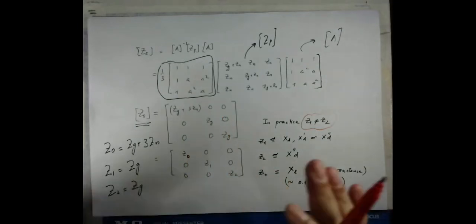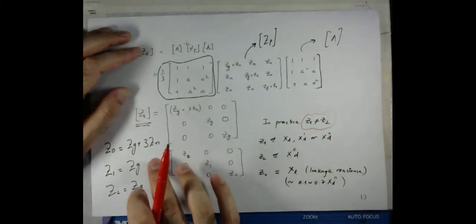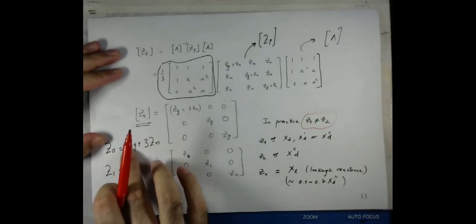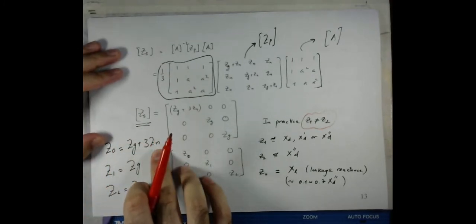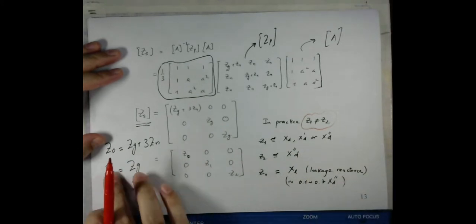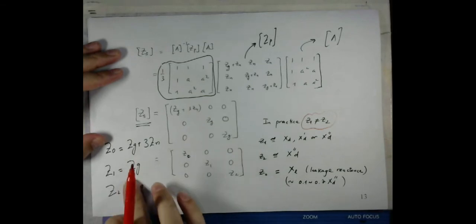This factor 3 is appearing again. So Z0, the zero sequence impedance, is equal to Zg plus 3Zn, and the positive and negative sequence impedances were the same.